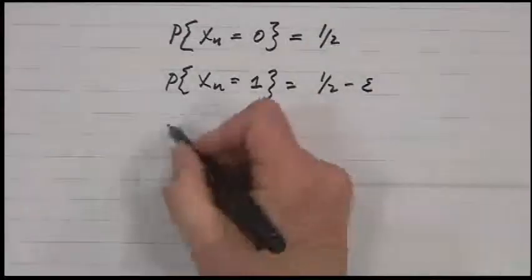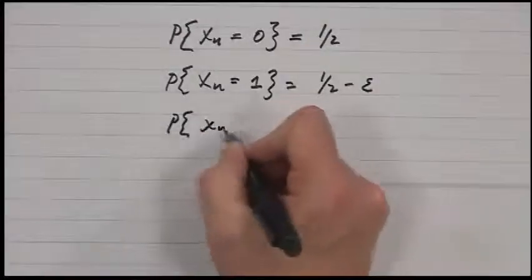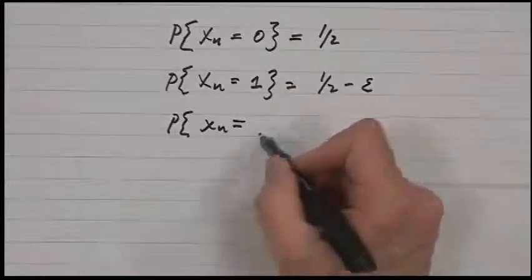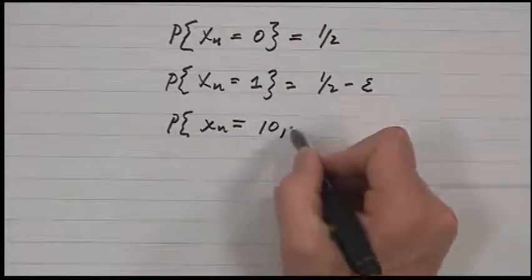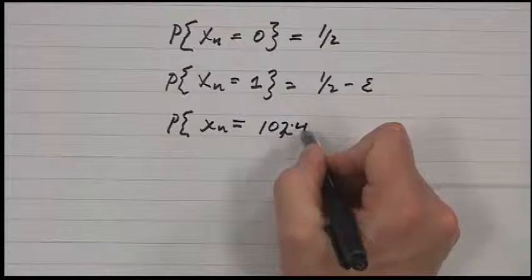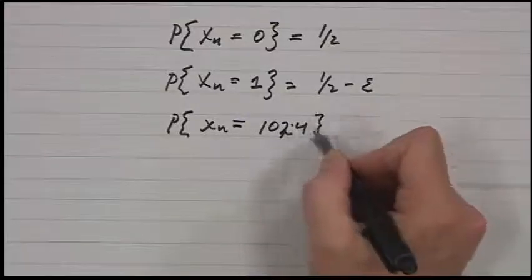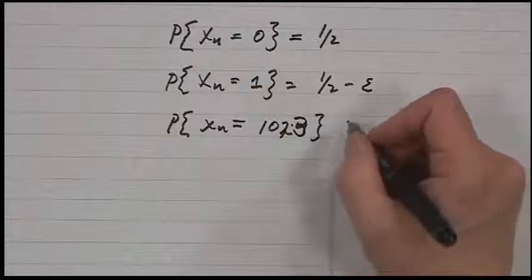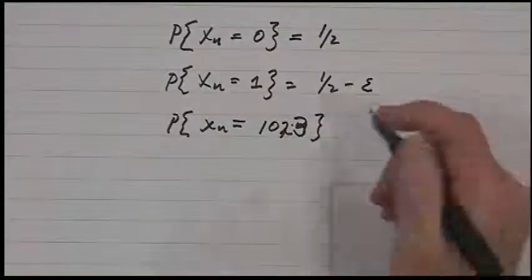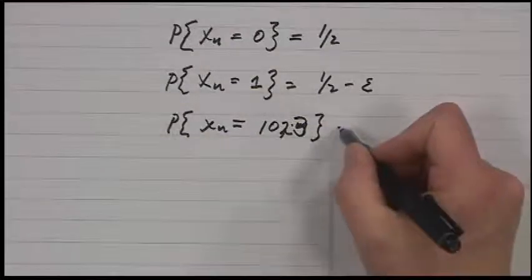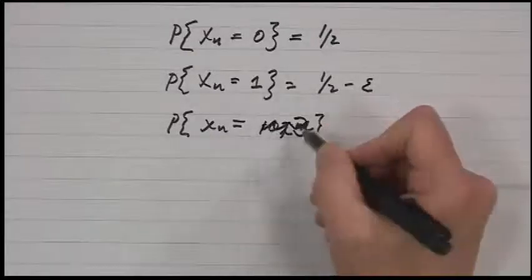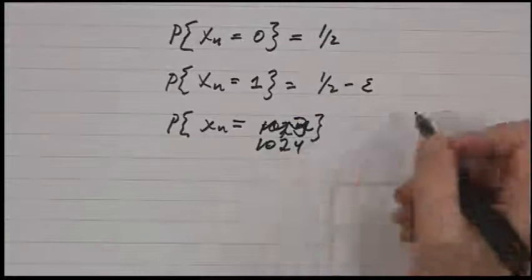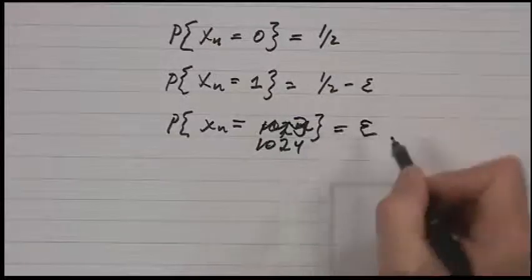And then the probability that xn is equal to 1024, a pretty big number, I should have just made it 1024, is equal to epsilon, right?